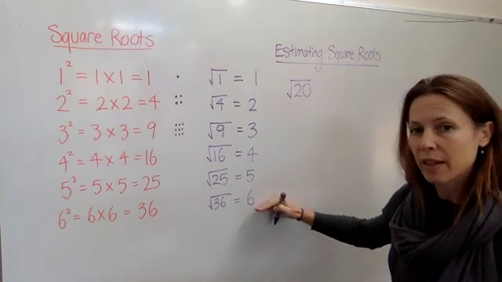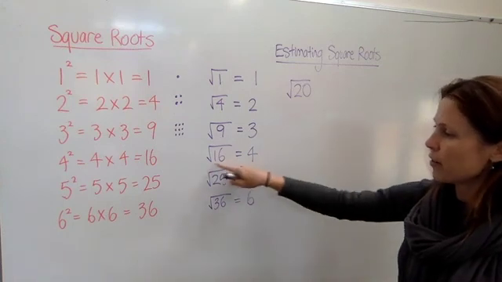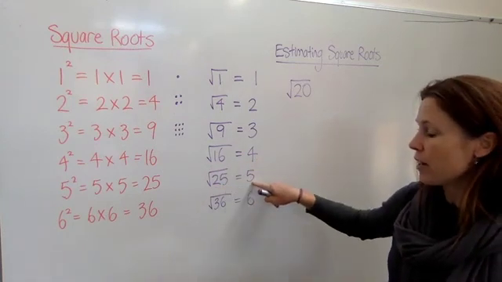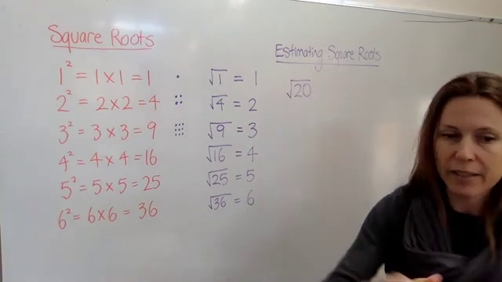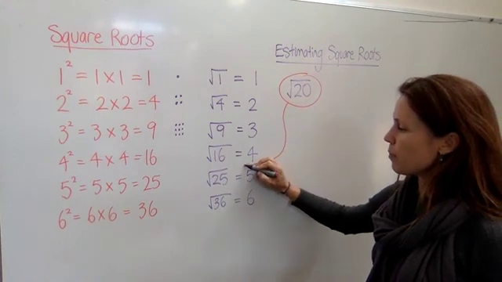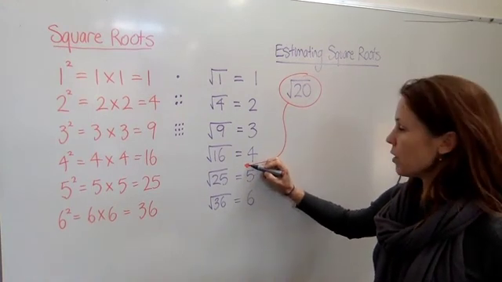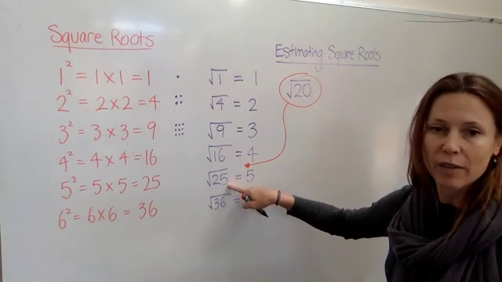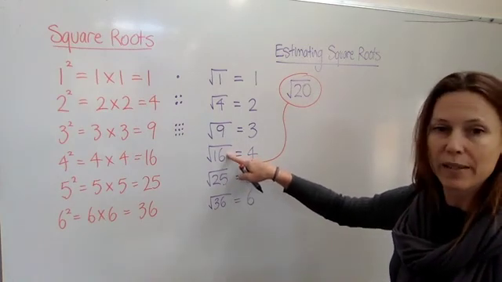So if we know our times tables and we can see that, all right, I know that the square root of 16 is 4, and I know that the square root of 25 is 5, I can see that this one looks like it would fit in somewhere between these two. Why? Because 20 is in between 16 and 25. It's smaller than 25, but bigger than 16.